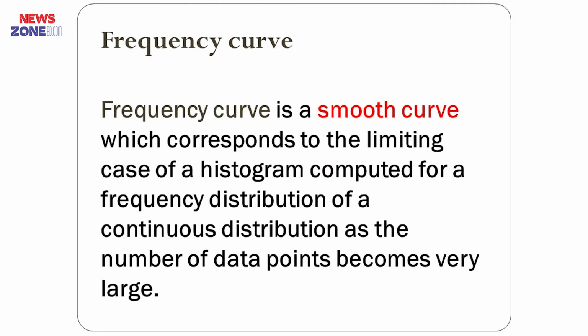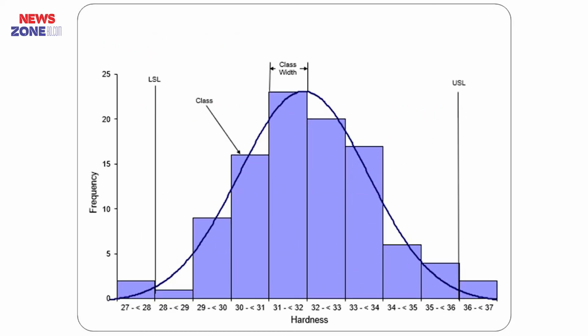Another one is the frequency curve. A frequency curve is a smooth curve. Instead of straight lines, we make smooth curves, which correspond to the limiting case of a histogram computed for a frequency distribution of a continuous distribution as the number of data points becomes very large. When we make a frequency polygon, if we make smooth curves instead of straight lines, the picture appears like this.